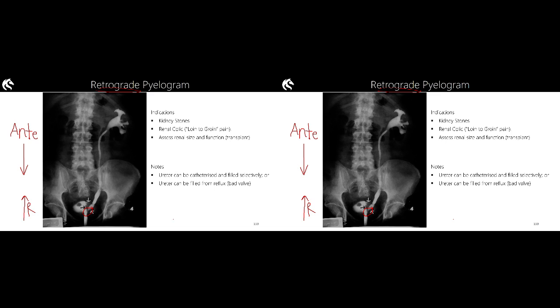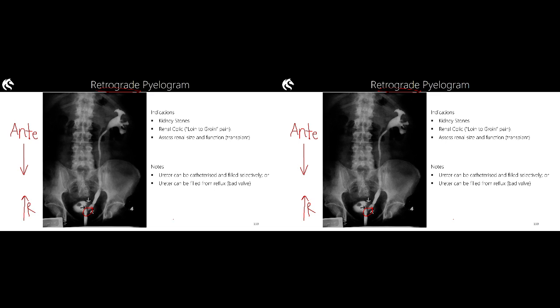From there, a catheter is introduced into the patient's VUJ, and then contrast is injected retrograde through the patient's ureter with the hope of filling up their kidney and collecting systems. Okay? It tends to be a bilateral examination, okay?